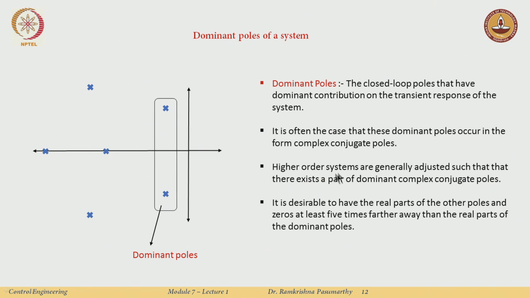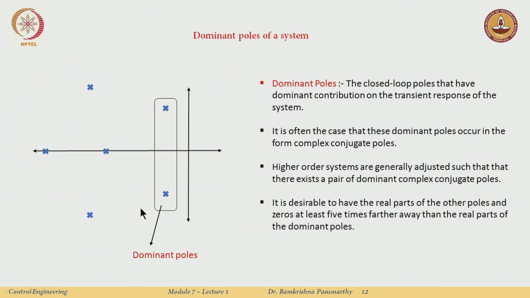Higher order systems are generally adjusted such that there exists a pair of dominant complex conjugate poles, in which case we would just restrict our analysis to these 2 poles, and we could do the entire analysis and design.